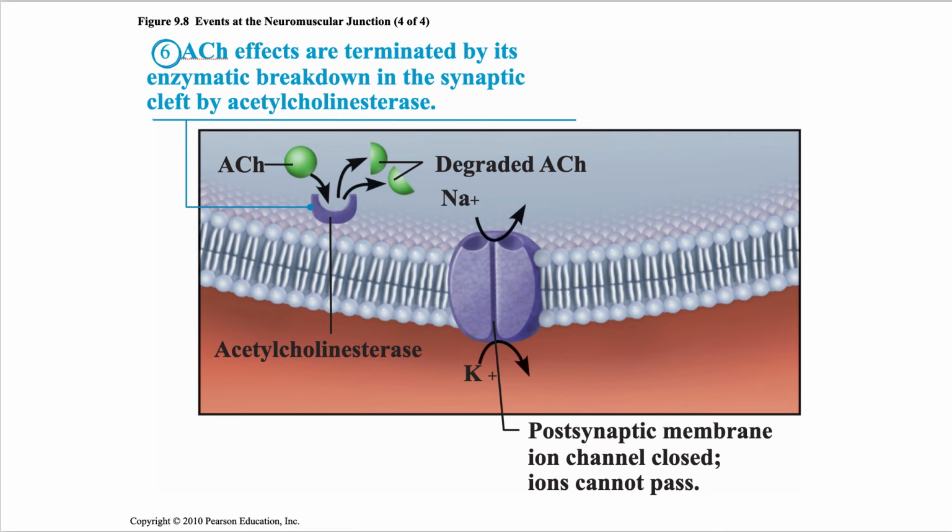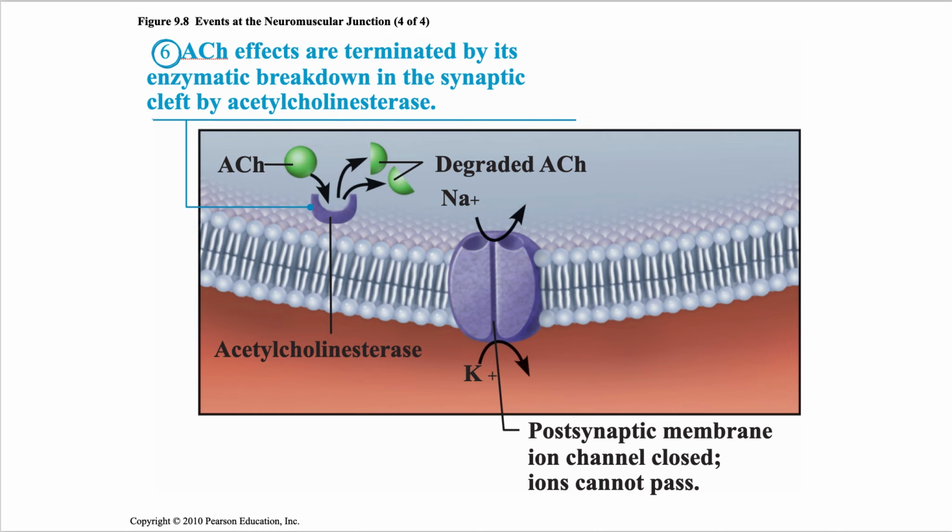So just to tell you that once this key is in the lock and the gate is open, in order for a new muscle response to happen, or a new muscle contraction to happen, these have to be broken down. You have to take the key out of the lock so that the lock will close so that this can happen a second time.